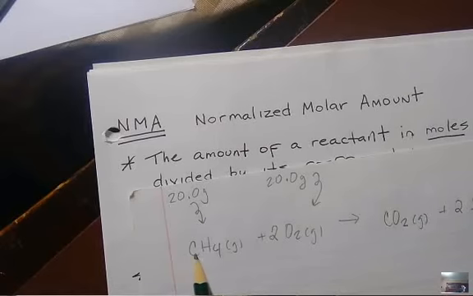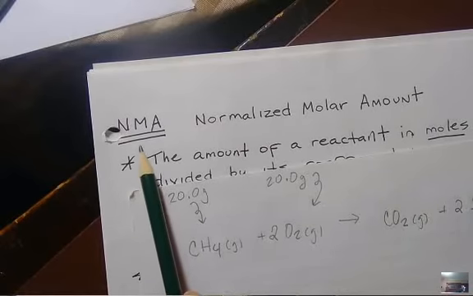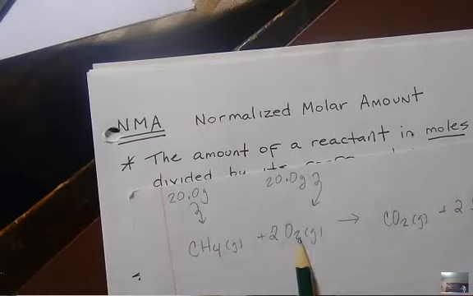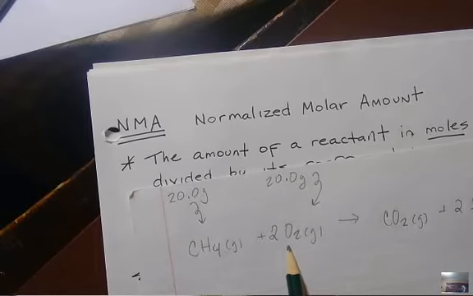That value, where you divide by the coefficient, is called the normalized molar amount, and we'll read the definition in a second. Over here, I would take the 20 grams of oxygen, divide it by its molar mass to give moles, and then divide that number of moles by 2. That would be the normalized molar amount of oxygen.